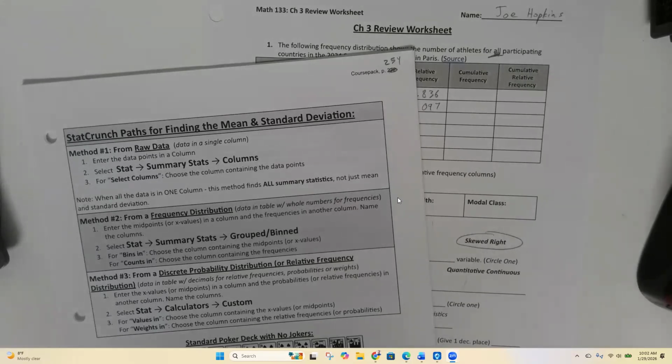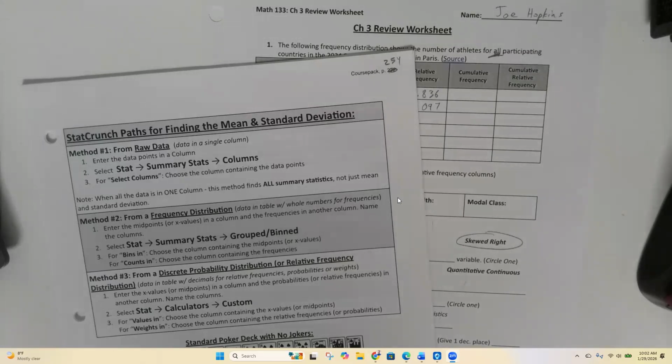Like I said before, we're going to be doing a lot with mean and standard deviation, especially after the midterm. But I'm not going to require you to calculate a standard deviation. There is a formula for it, and it's not that complicated. Basically, a standard deviation is the mean distance away from the mean. It's the average distance away from the mean.